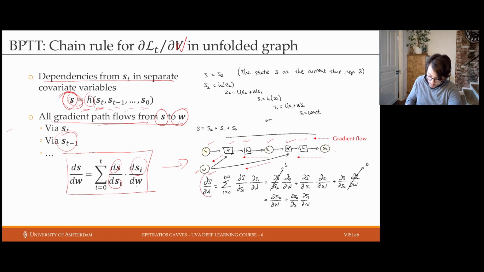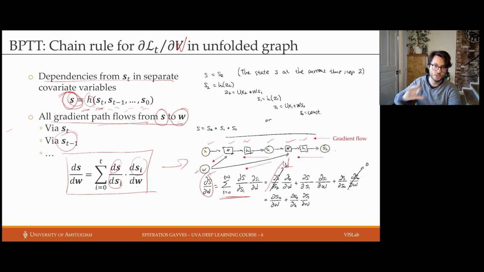Now to compute the derivative of the state with respect to the W parameter, we perform this summation as we saw here. The first term includes a derivative of S with respect to S2, and since this is basically the same quantity, this goes to 1, right? The final term contains a derivative of S0 with respect to W, and S0 does not depend on W anymore.